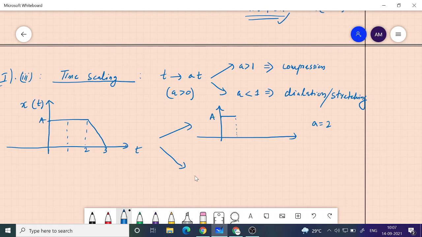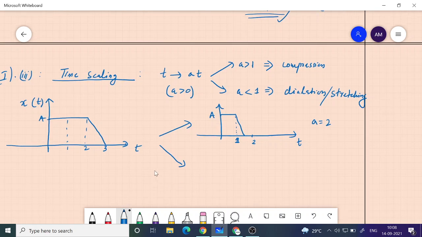Earlier this constant line was going up to 2, but now it only goes up to 1. And from 2 to 3 it was 1 unit, now it is only half a unit. So this is what we mean by compression. It is compressed along the time axis, it is shortened.